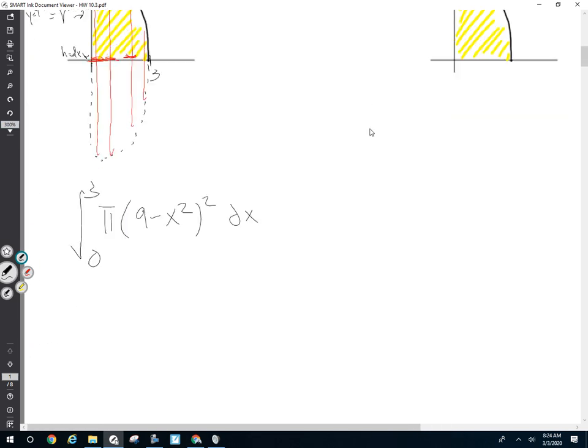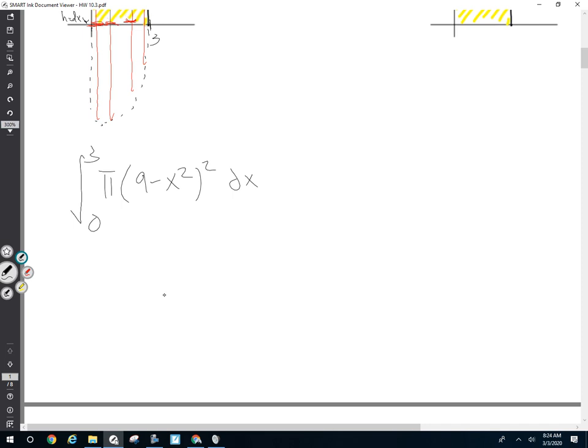Now, if you were to do this by hand, you would have to distribute some stuff. You could pull the pi out, and then distribute this out to get 81 minus 18x squared plus x to the fourth.